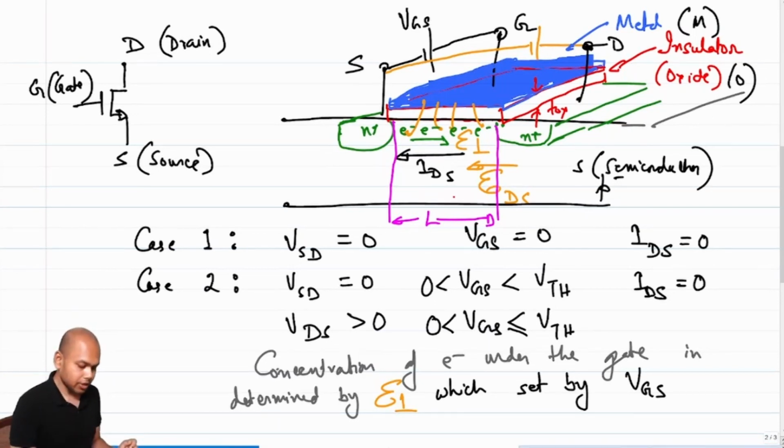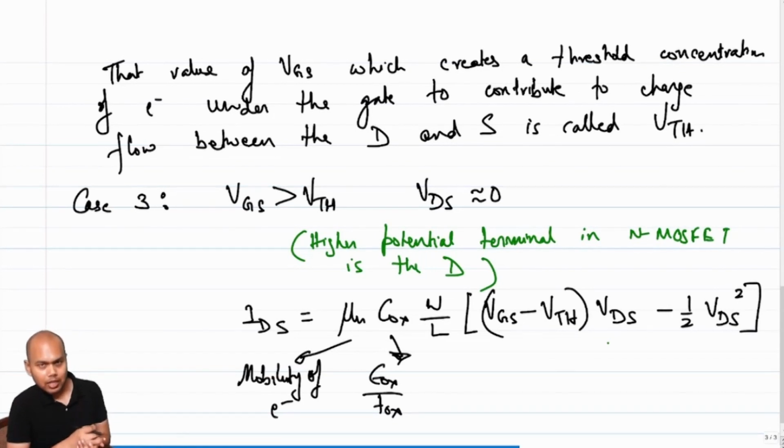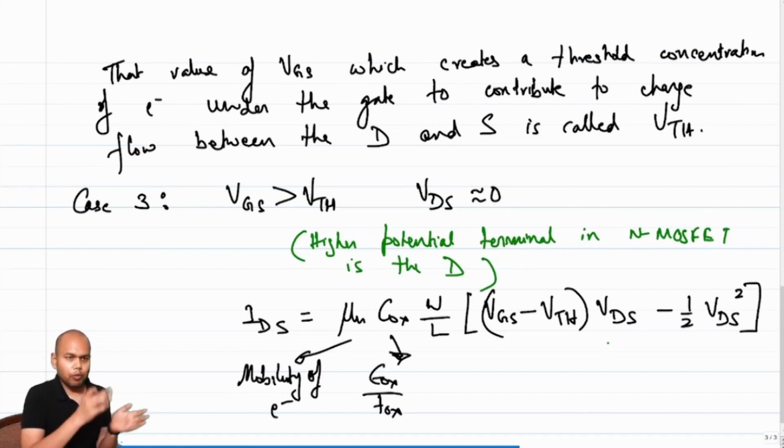So naturally what you see is that if the electron has to cover a longer distance, the value of the current goes down, right? Because you can think of it as the time taken to go from point A to point B. If your velocity is constant, and the distance between A and B is long, then obviously you will take more time to go.